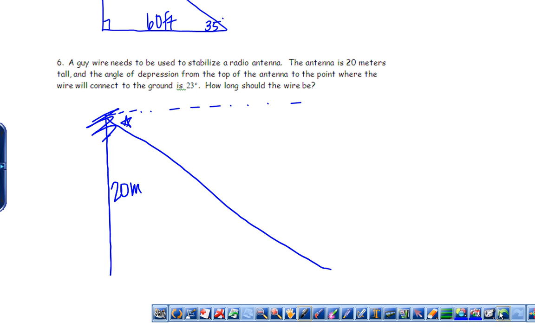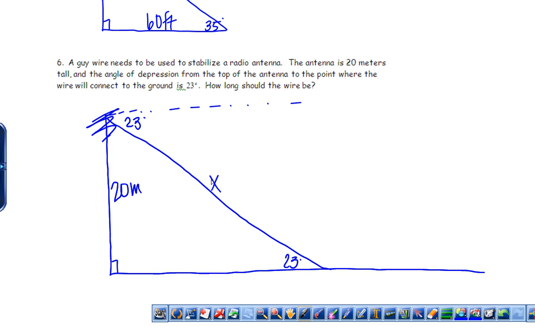That's 23 degrees. Okay, so this is where it touches the ground. This is my wire. How long should the wire be? Now remember, because these are alternate interior angles, if this depression is 23, so is this.